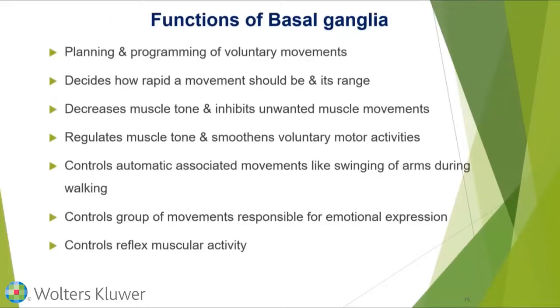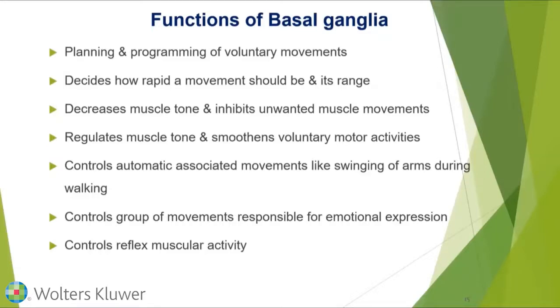The most important functions of basal ganglia. It is concerned with planning and programming of voluntary movements, and decides how rapid a movement should be and its range. To further explain this, supposing there is an object around 2 to 3 feet away from your hand and you want to pick it up, the movement undergone by your upper limb to reach the target object should be a smooth, non-jerky movement.